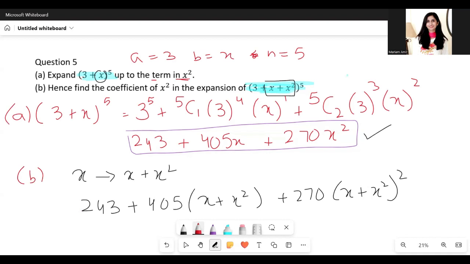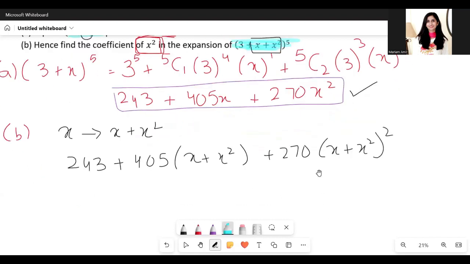Okay, they said give the coefficient of x squared. So we need to give the coefficient of x squared only. So that is going to be this multiplied with this only. And also we will have to slightly open the second one.